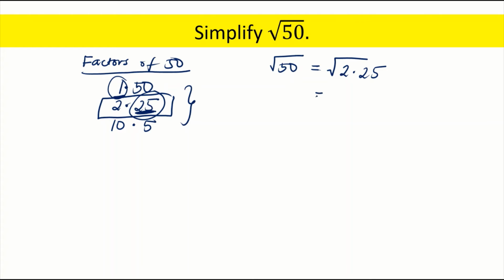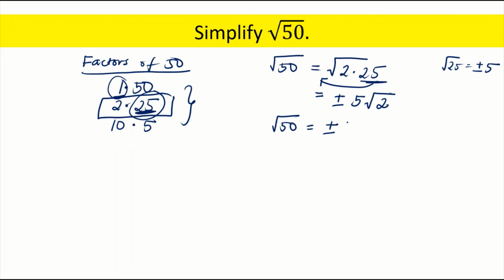To simplify this, we choose the perfect square number, which is 25, and take it out of the radical sign. Square root of 25 is equal to positive and negative 5. So we have positive and negative. When 25 came out, it became 5. Then what remains inside is 2. Therefore, square root of 50 is equal to positive and negative 5 square root of 2.